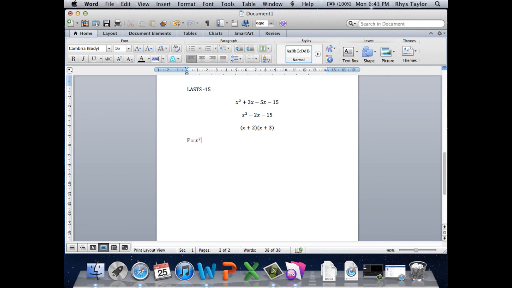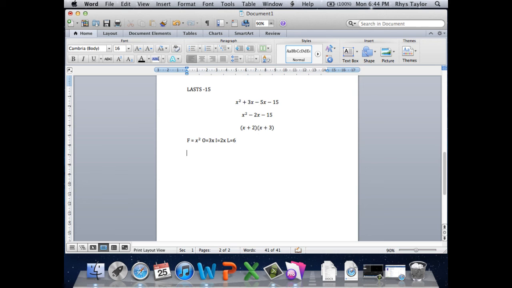Our outsides, which is our x times our 3, is 3x. Our insides, 2 times x is 2x. And our lasts, 2 times 3 is 6.